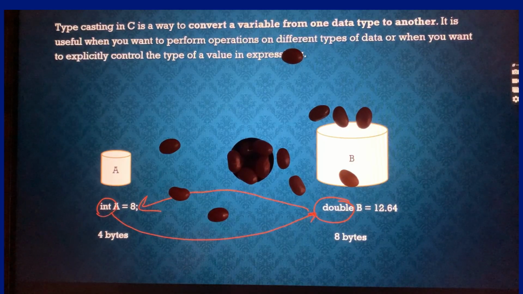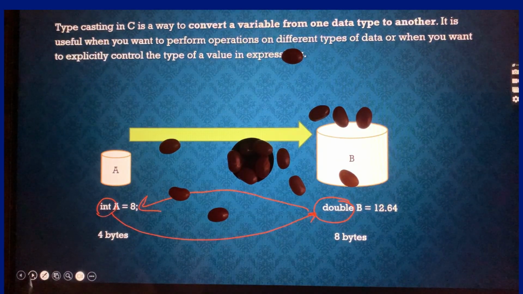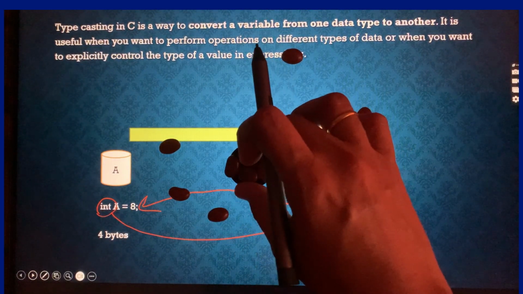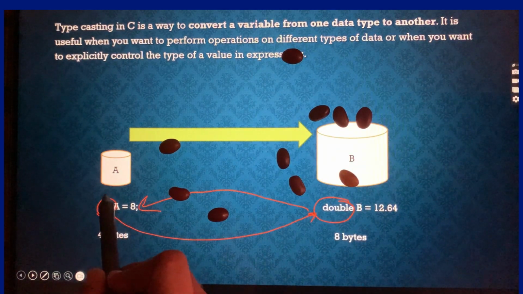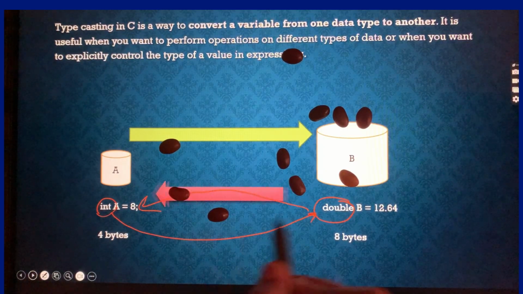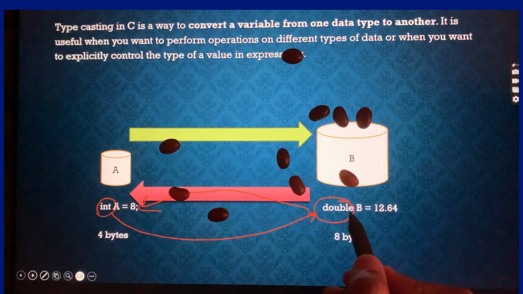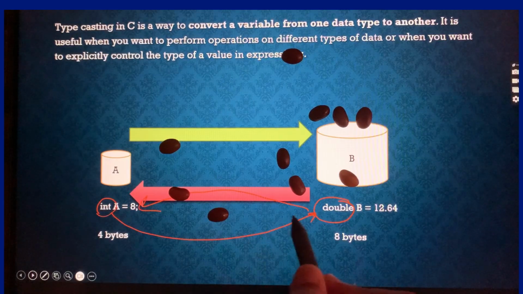Okay. So just like this, candy is overflowing from small cup to large cup and large cup to small cup. So when we transfer the data from smaller to larger, the compiler automatically completes it. But when we try to convert from double to int, or from a larger data type to a smaller data type, explicitly the user should do it.